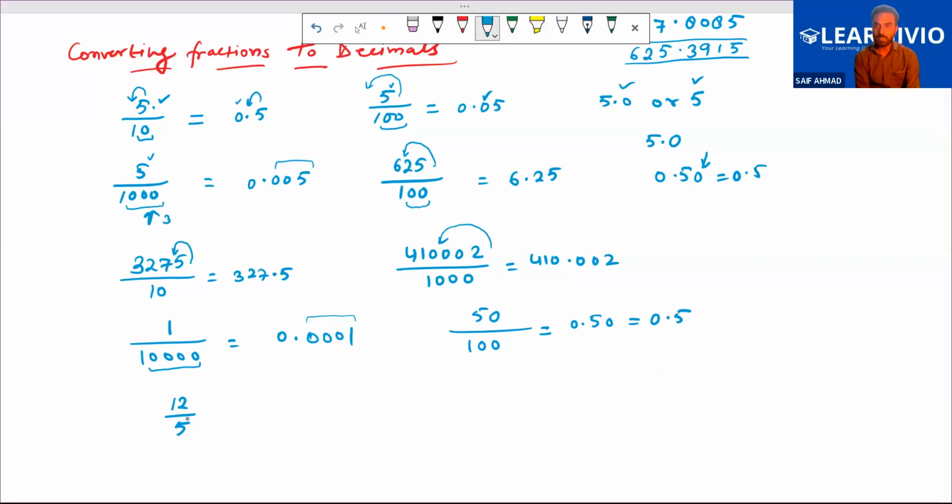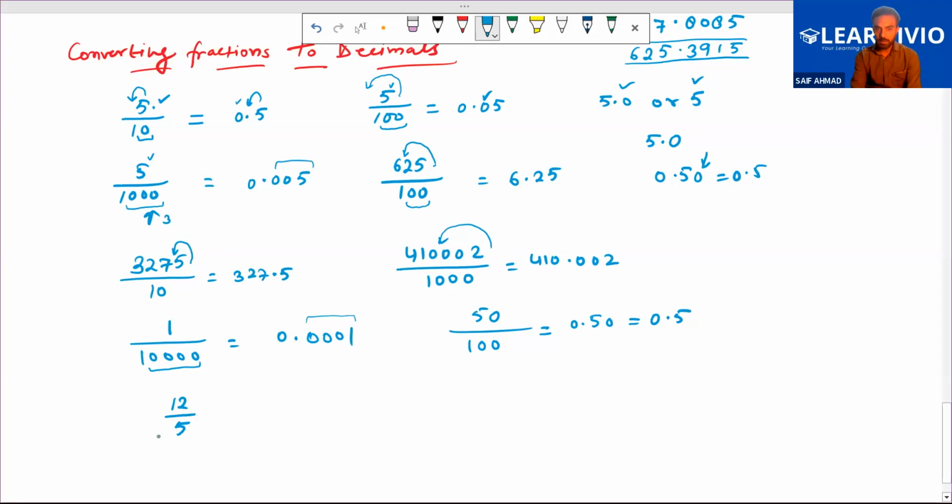There are two ways to convert into decimal. The first way is that you have to make the denominator a multiple of 10.